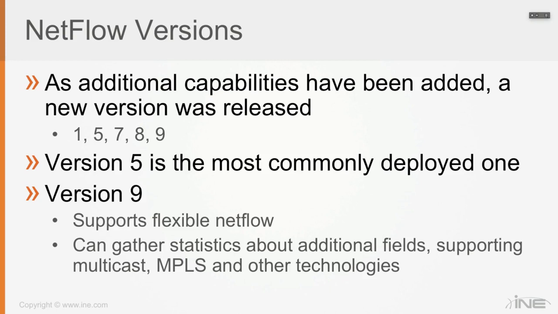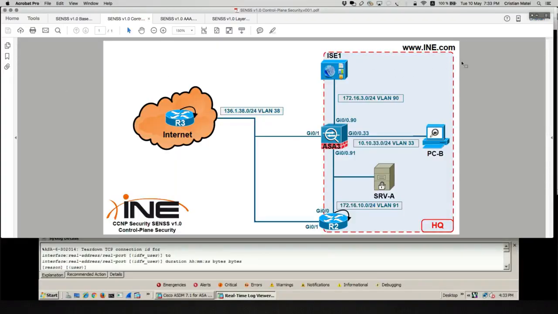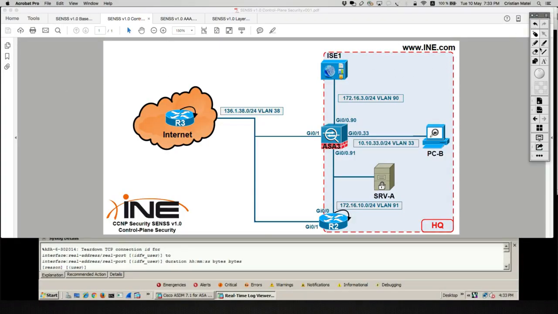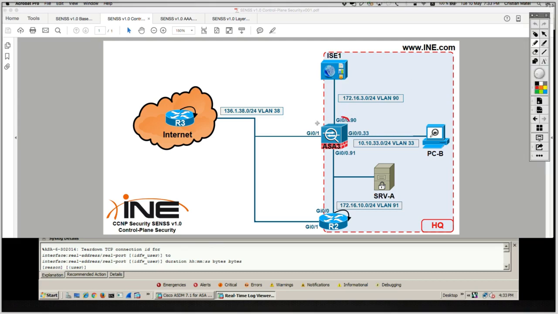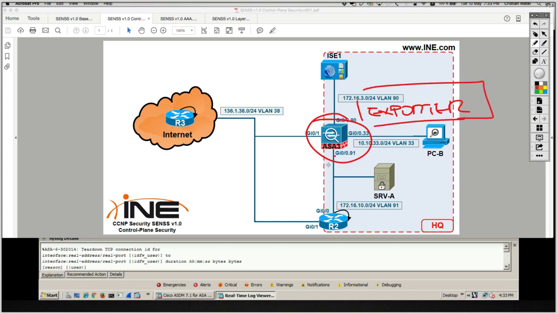Now, one of the main advantages of version 9 is that it supports flexible Netflow. What that means is that, for example, let's say that in our network we're going to configure ASA3 to be the exporter, the flow exporter. So the device which is going to collect that traffic statistics is going to send that data over to server A, which is going to be the collector.